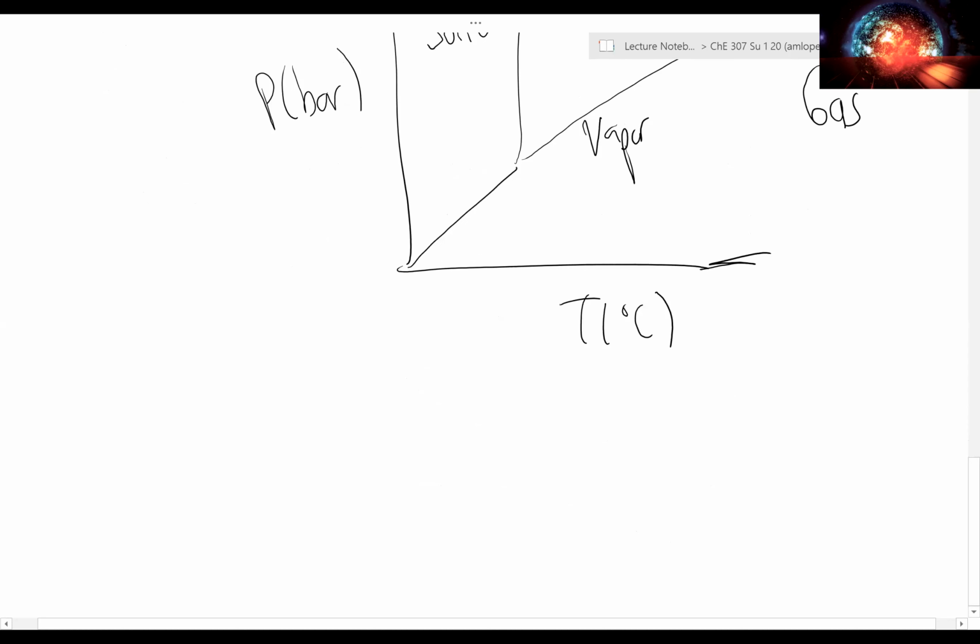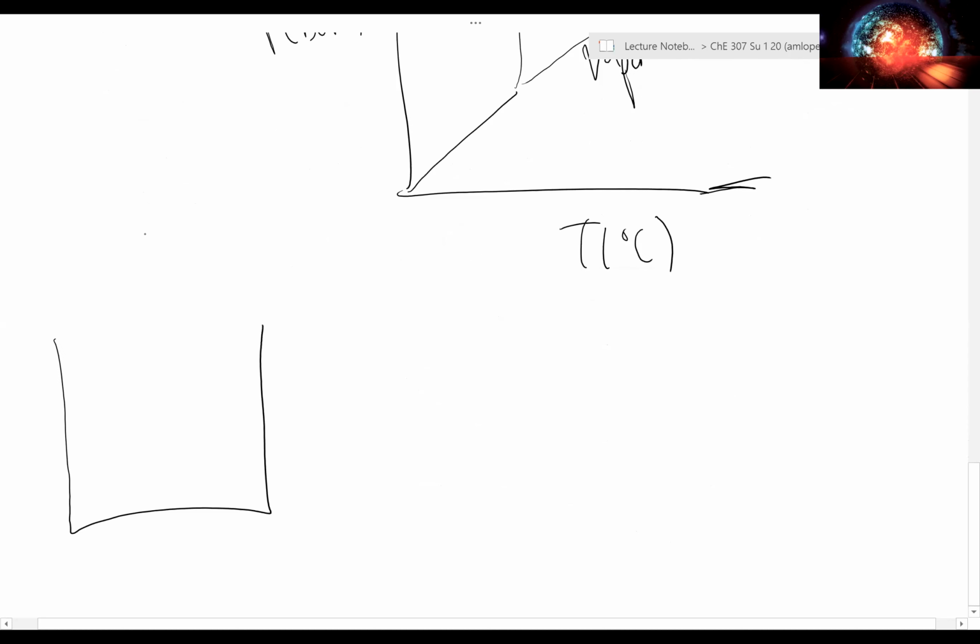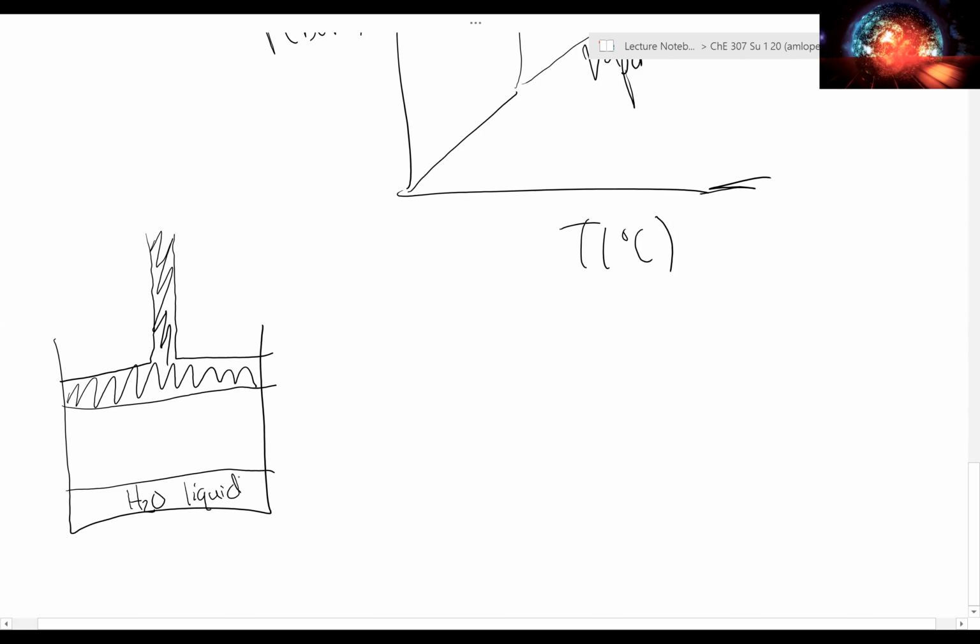For example, this is where we like to do a lot of piston cylinder things. If I've got a piston cylinder, and I've got some liquid water and some water vapor, it's going to exist at some pressure, temperature, and occupy some volume.